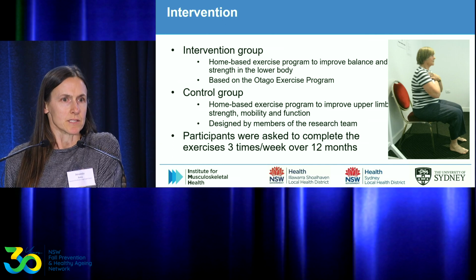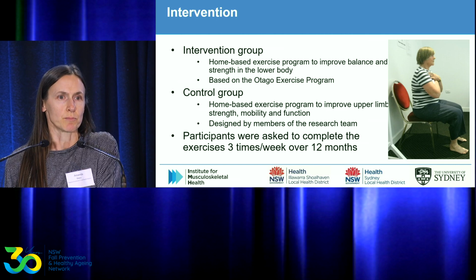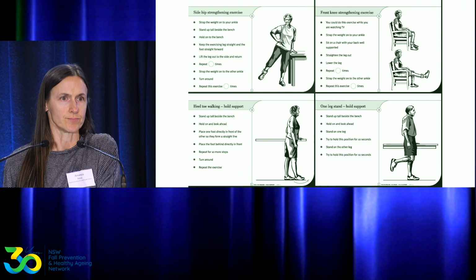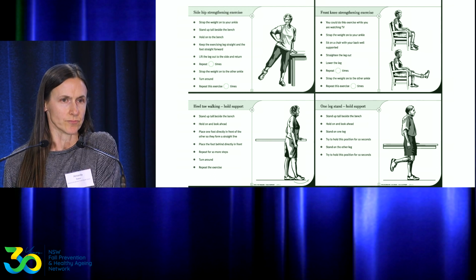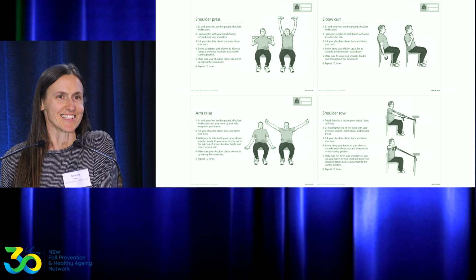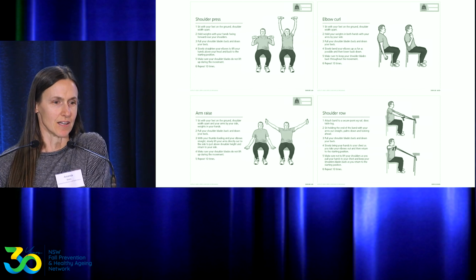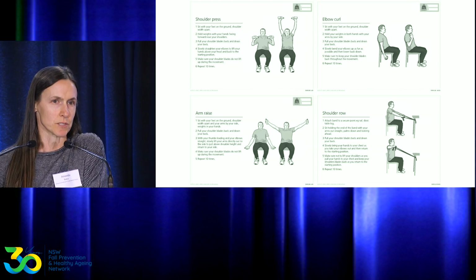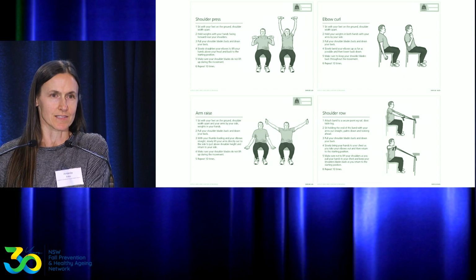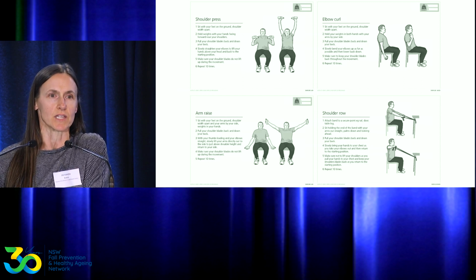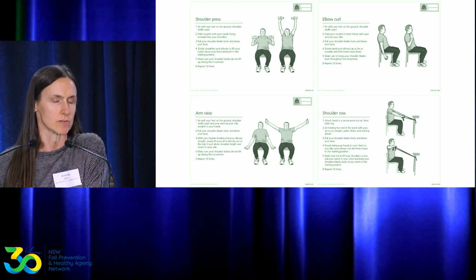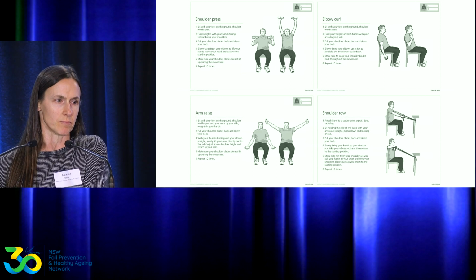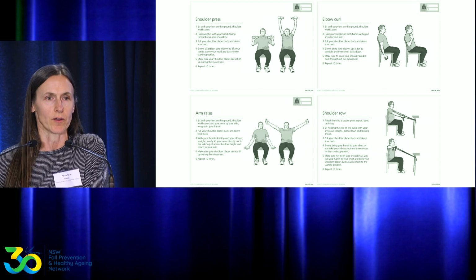We then asked participants to complete the exercises 3 times per week over a 12-month period. So they're the exercises that you see in the Otago exercise manual. And that's the upper limb exercise program that was given to people. Obviously there were more exercises than those, but you can see the examples given there. They were all done in a seated position, so as not to contaminate the balance effect of the lower limb exercise program.